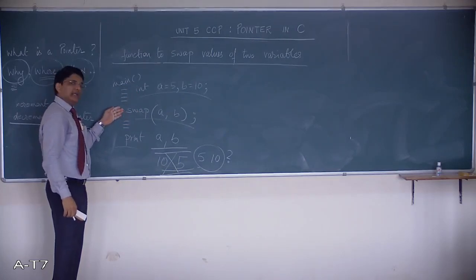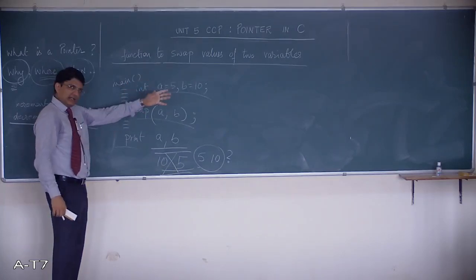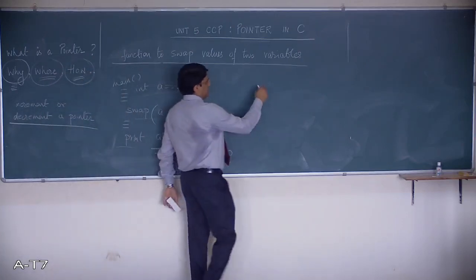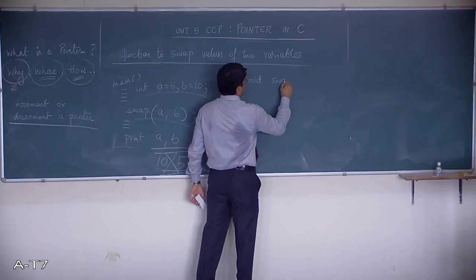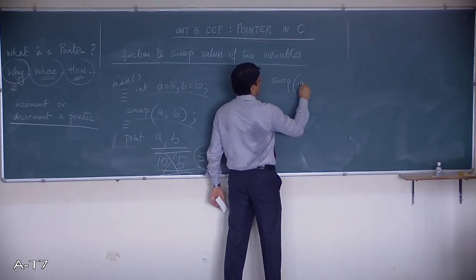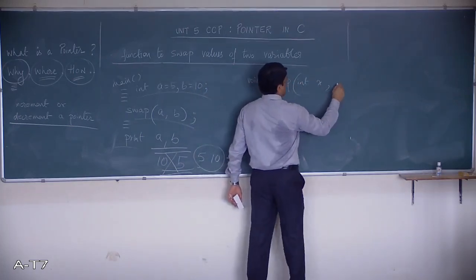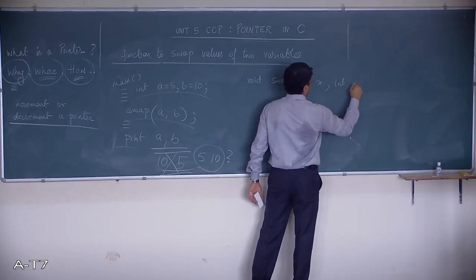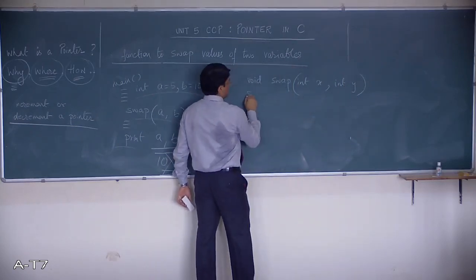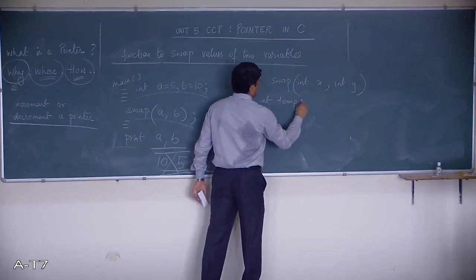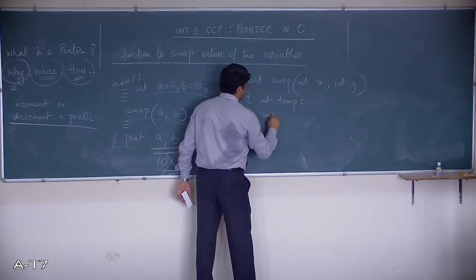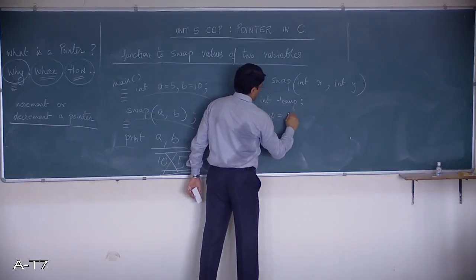I put 5 into A, 10 into B. I am sending A and B to a swap function. There is a swap function somewhere here. Let's say void swap int x comma int y, begin, int temp.